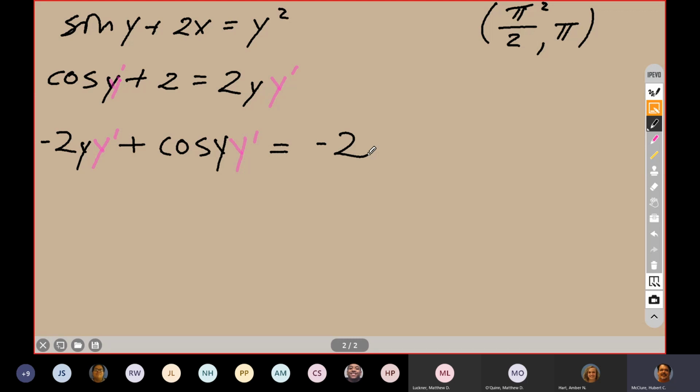Factor out the y prime. Now, we're going to factor out the y prime because we don't want it negative, so we're going to factor out just the y prime. And that's going to leave us with negative 2y plus cosine of y.